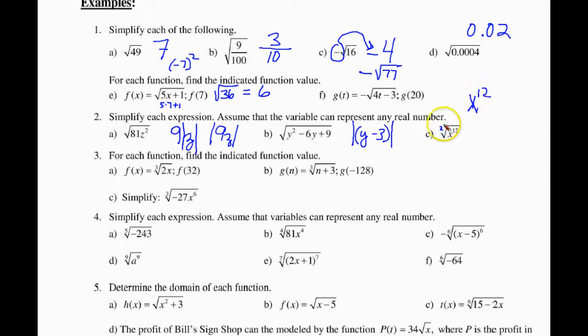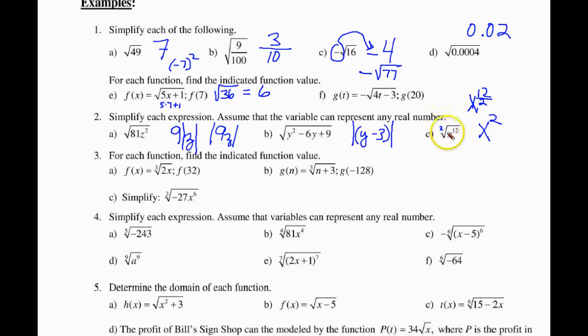The 12 is there, but this index number becomes the denominator of the exponent. So we'll show you this in more detail in the next section. But what is that going to become? Well, x to the 6th.